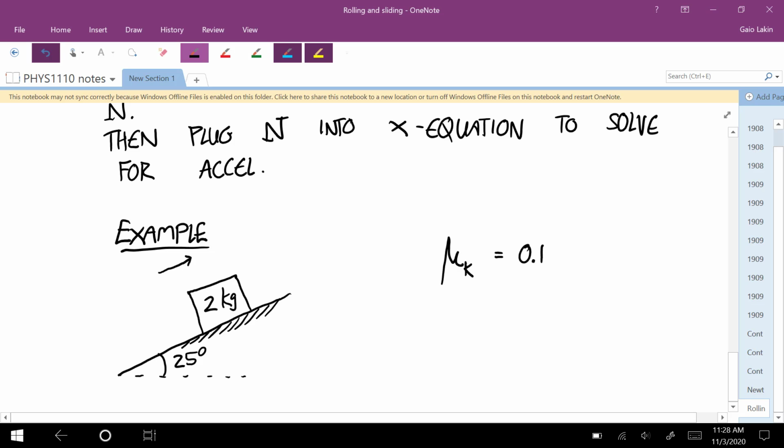And we want to figure out two things. First, we want the acceleration vector. And second, we want to figure out if it's speeding up or slowing down.